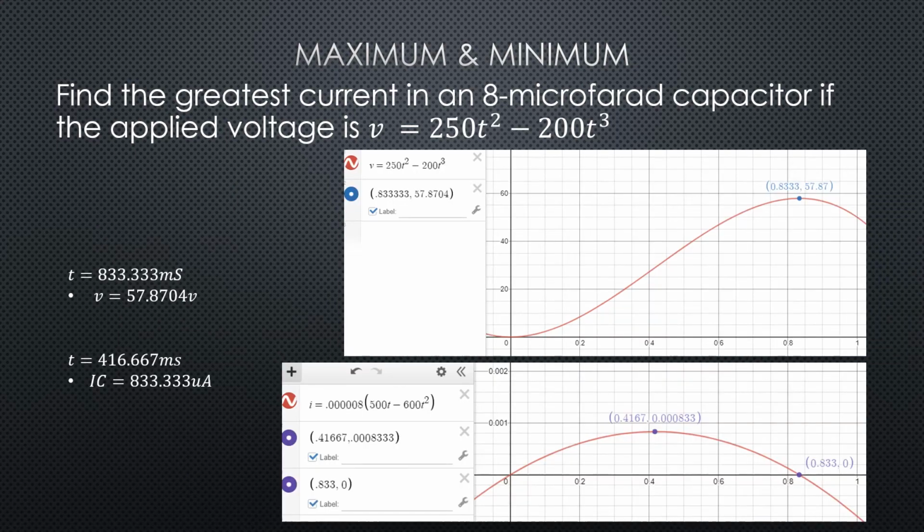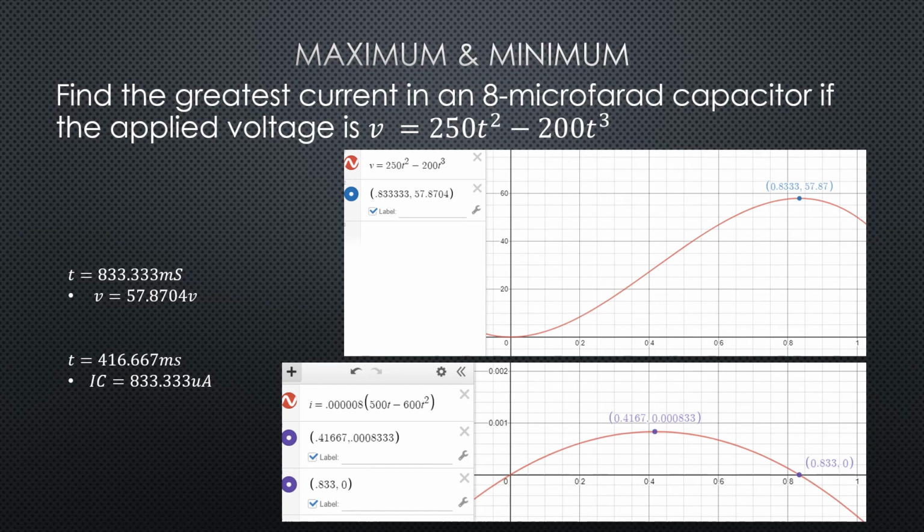Okay, so this slide is showing the x-axis matched up, comparing voltage and current for the capacitor. And you can see when the voltage is at the max, our current is at 0.